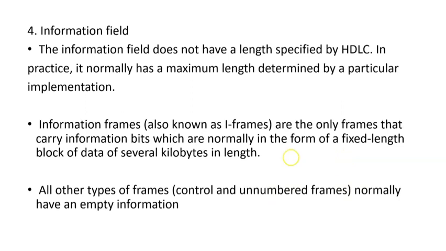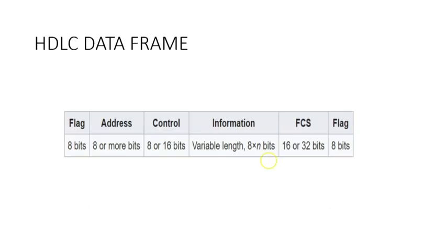Information is normally in the form of a fixed length block of data or several kilobytes of length, and it will be a multiple of 8 bits. All other types of frames normally have empty information. Here we have demonstrated an information data frame, so there is a field called information.